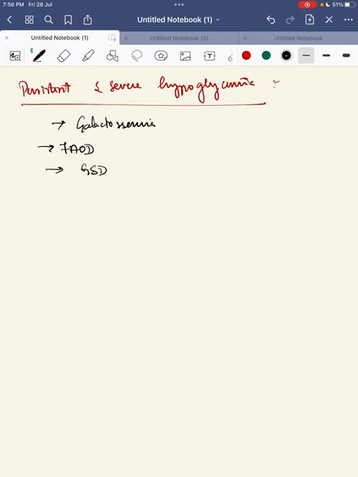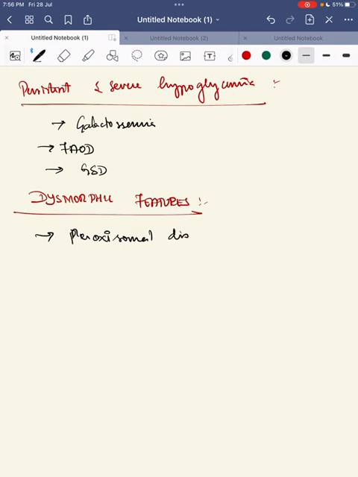The next type of presentation can be dysmorphic features. These can include peroxisomal disorder, second, pyruvate dehydrogenase deficiency, third, lysosomal storage disorder.